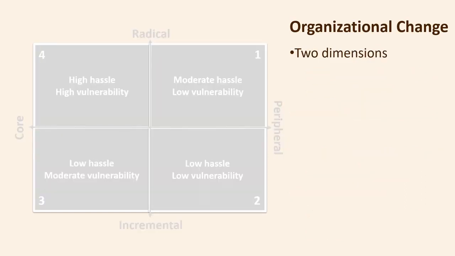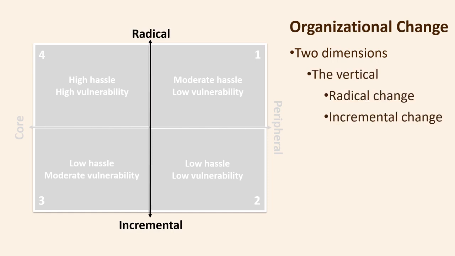The model consists of two dimensions, one placed vertically and the other placed horizontally. The vertical dimension differentiates between change perceived as radical in the top of the model and change perceived as incremental in the bottom of the model.